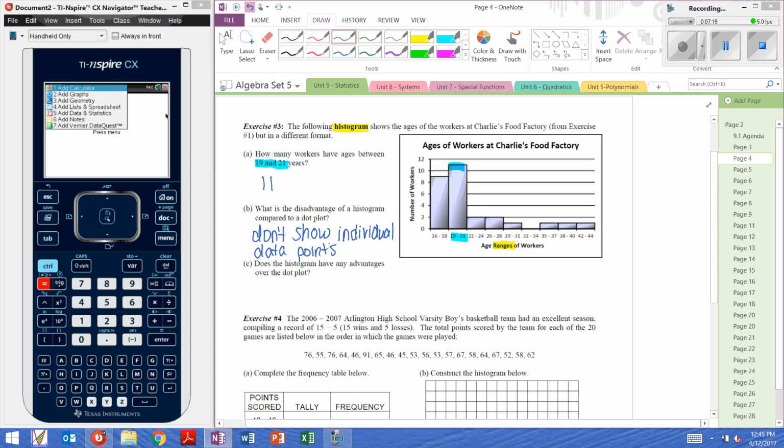And they show us, well, we call them intervals. So intervals instead.